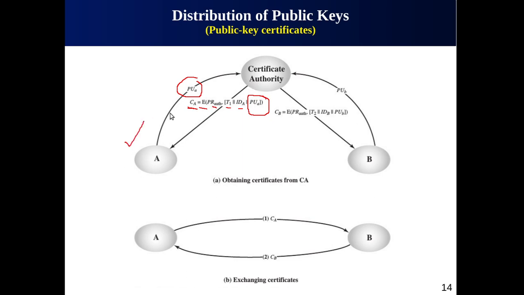This is like a certificate CA. Now if A wants to communicate with B, A will present his certificate. The process is simple. If B wants to communicate with A, B will present his certificate, and the certificate actually contains the public key. We need this public key for communication, and that public key is embedded inside the certificate, so they will present their certificate to one another. So this is how public key certificates work.